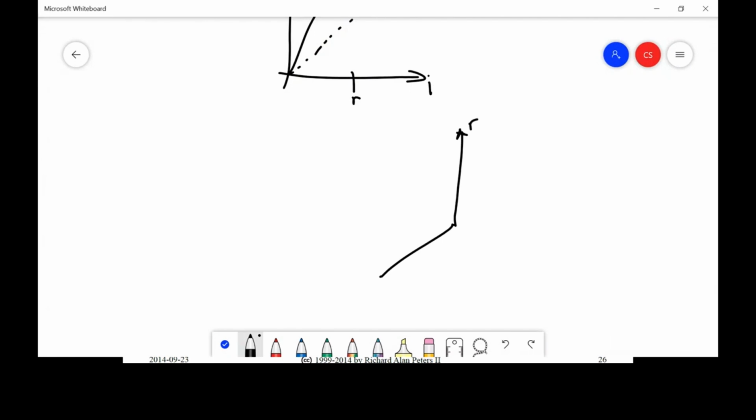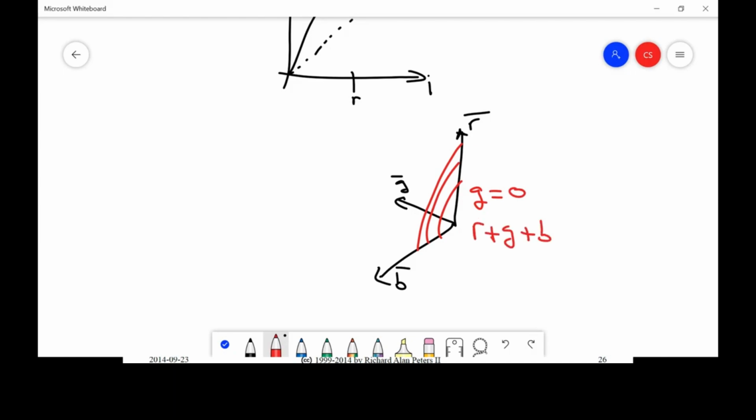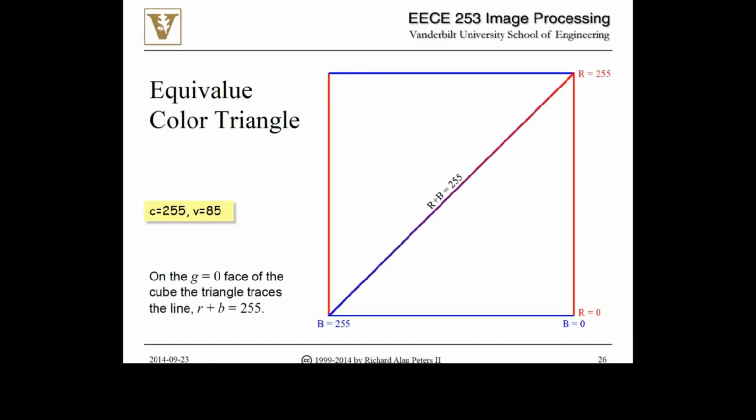So this was the red vector, this is the blue vector, this is the green vector, and then this plane here is the plane G equals 0, and we had another plane that was R plus G plus B equals C. So the intersection of two planes has to be a line. So now let's look for that line.